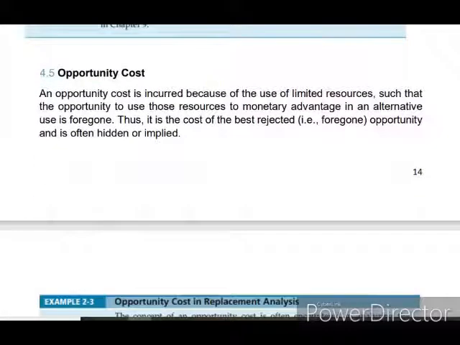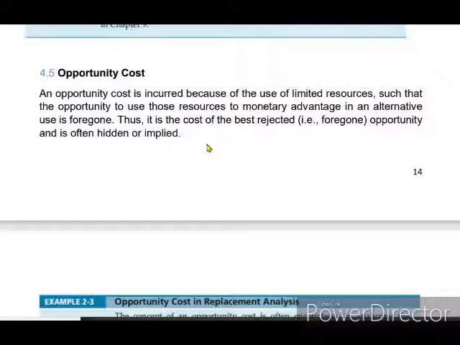Next, opportunity cost. So 4.5, opportunity cost. An opportunity cost is incurred because of the use of limited resources, such that the opportunity to use those resources to monetary advantage in an alternative use is foregone. Thus, it is the cost of the best rejected or foregone opportunity and is often hidden or implied.